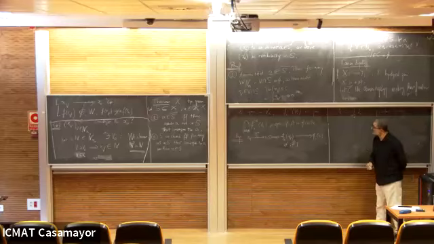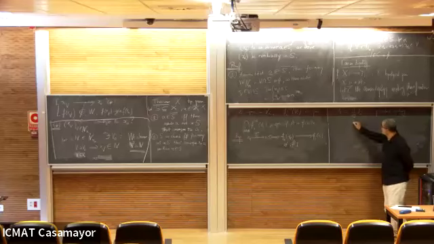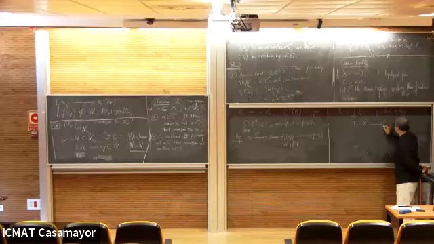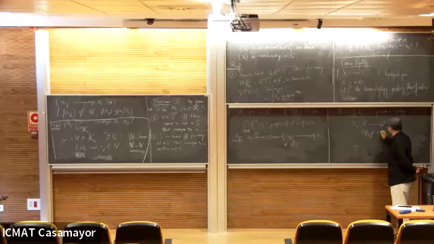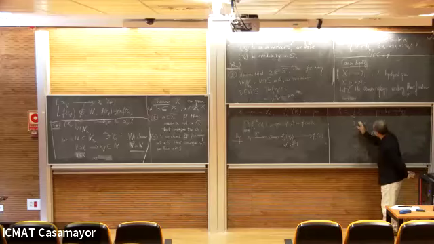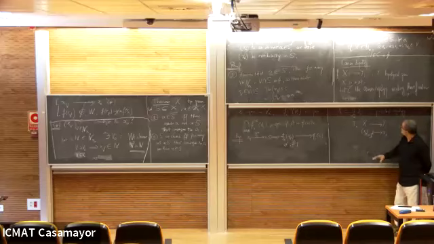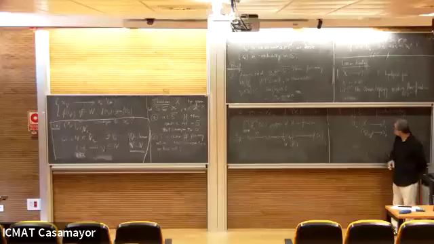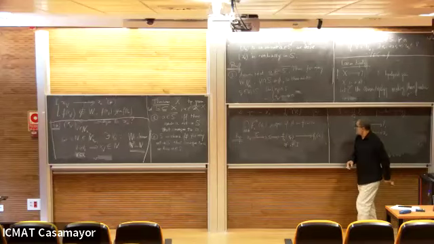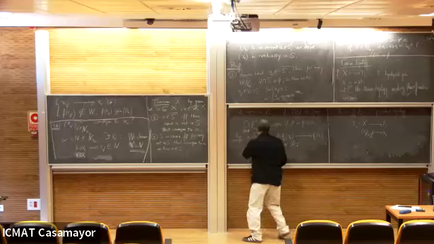This topology is the coarsest making the projections from the product of Y_i to Y_j, taking the component, continuous. This is our f_i. And for this topology, we know what is convergence of nets.